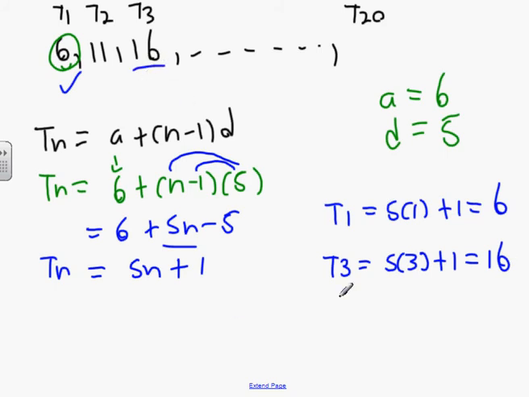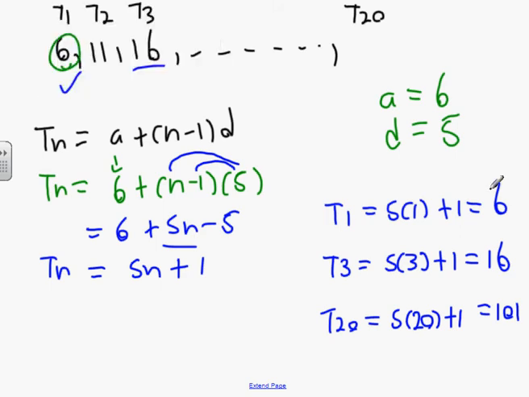And then if I want to find out what T20 is, T20 would be 5 times 20 plus 1 equals 101. Like T100, you can find out 5 times 100 plus 1. Yes? Could you not just multiply T2 by 10?